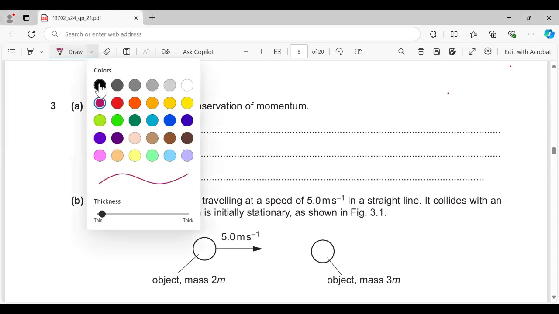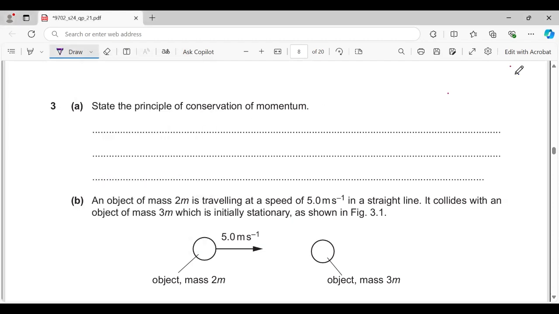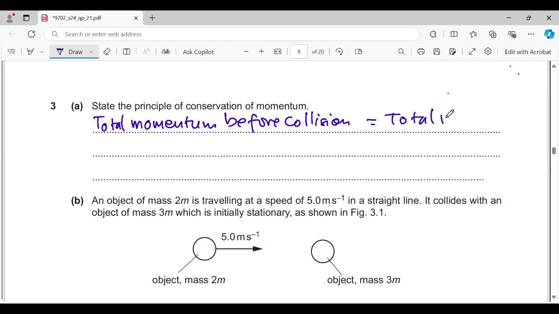The principle of conservation of momentum says that total momentum before collision is equal to total momentum after collision.